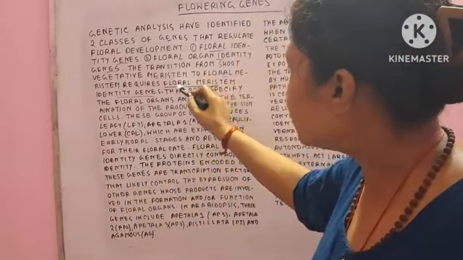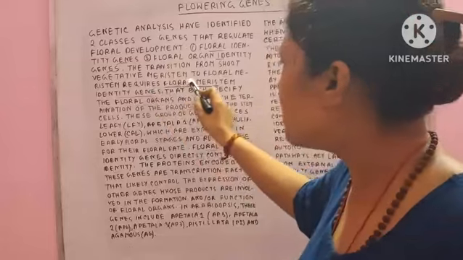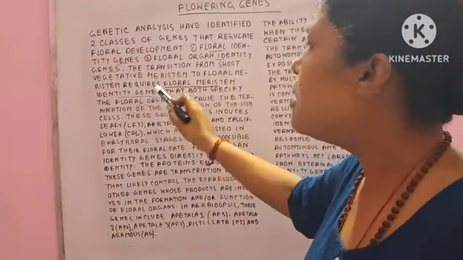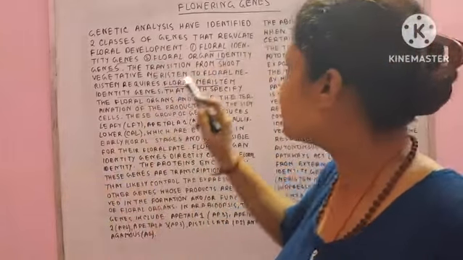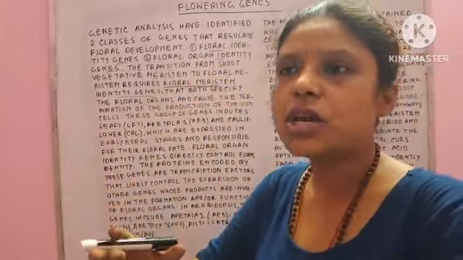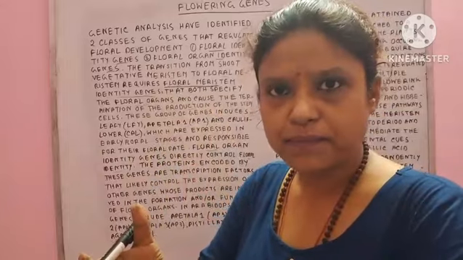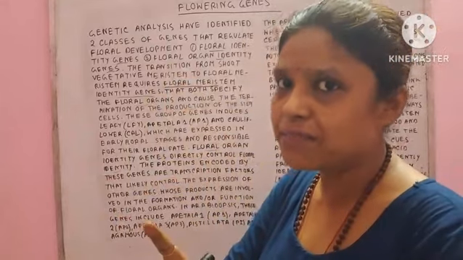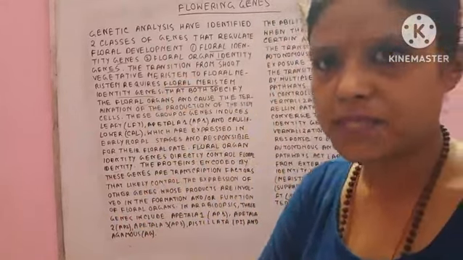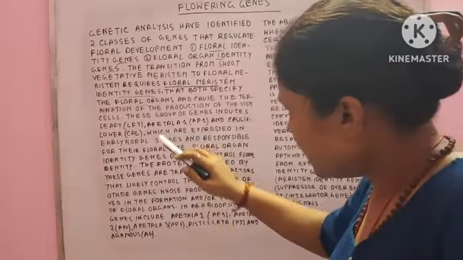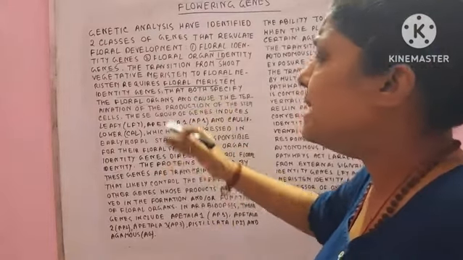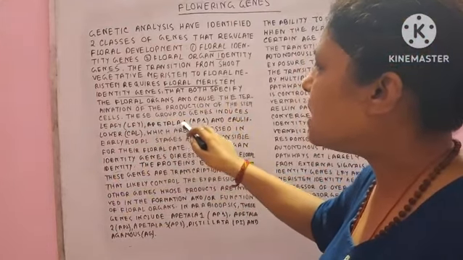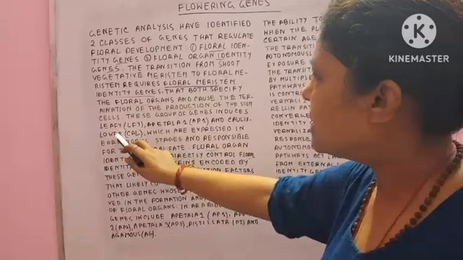So the role of these floral meristem identity genes is that first they identify the specific region for flowering, and then they stop the production of the stem cells, or the vegetative stem cells. Clear? Other genes that also induce these processes are LEAFY, APETALA1, CAULIFLOWER, and the short form is these.